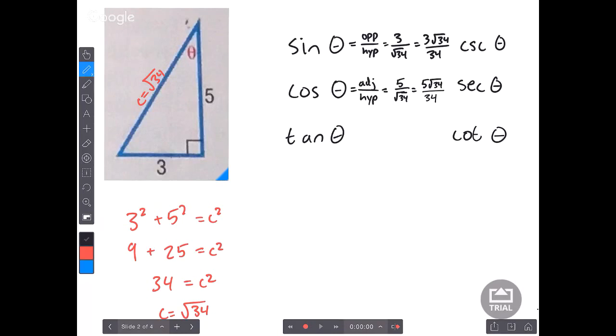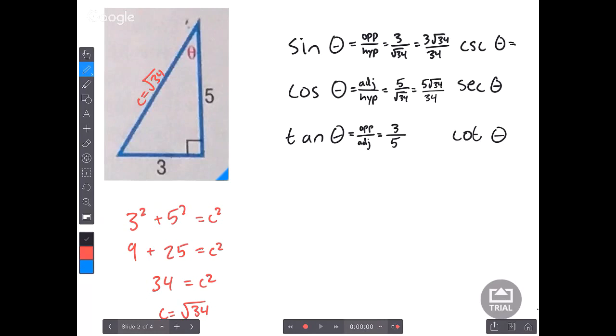Sweet. That was cosine. Tangent is the opposite over the adjacent, which equals the opposite side 3 over the adjacent 5.